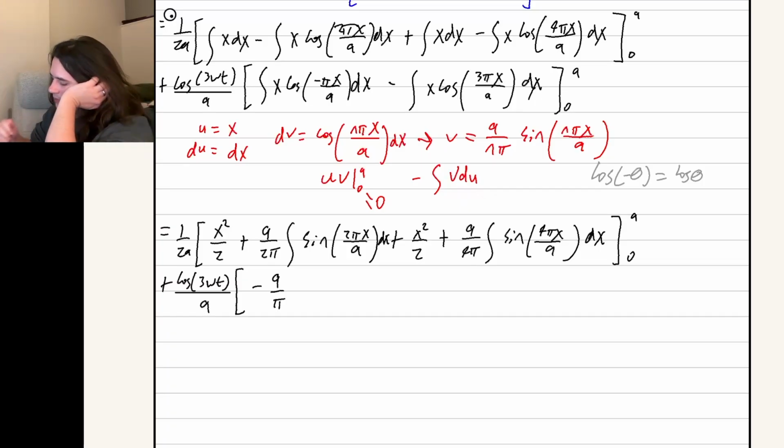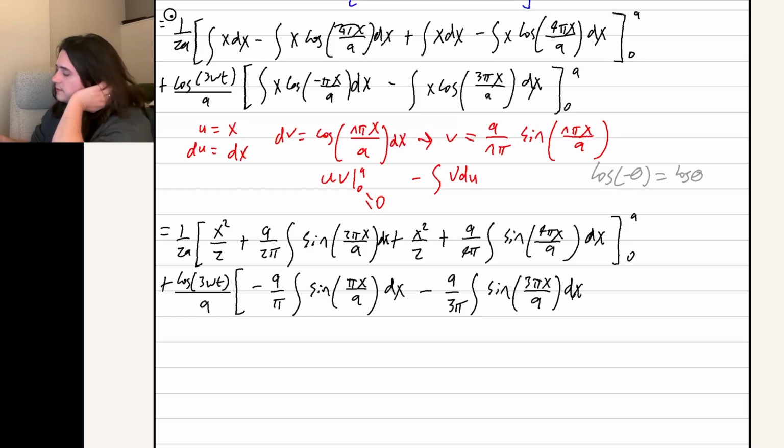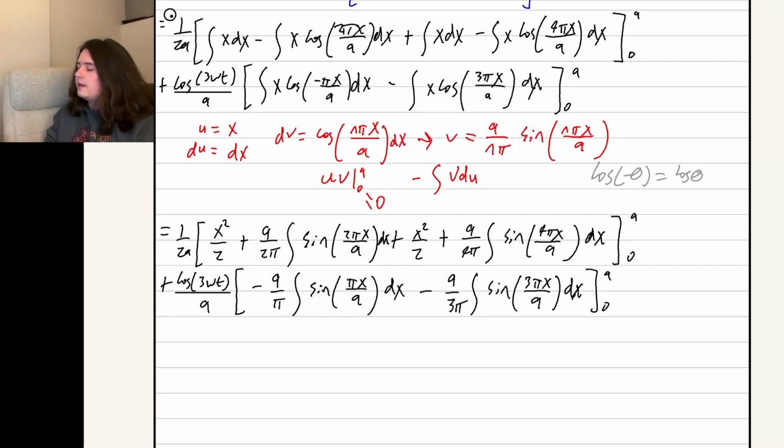So we have minus a over pi integral of sine pi x over a dx, and then minus a over 3 pi, the integral of sine 3 pi x over a dx, evaluated from 0 to a.